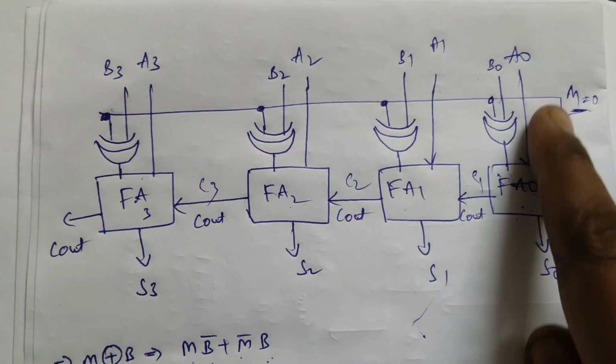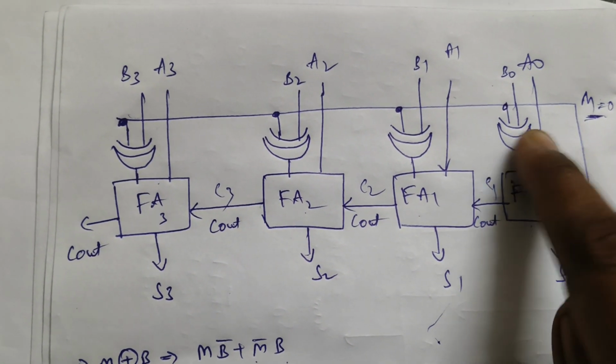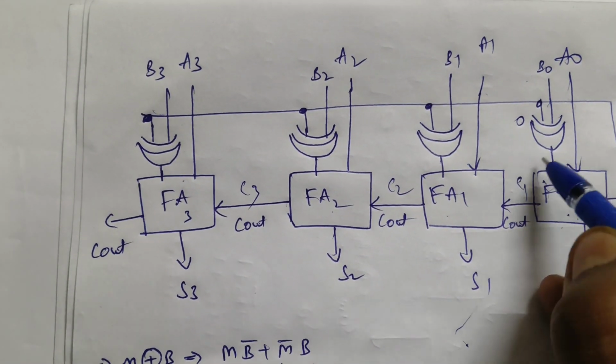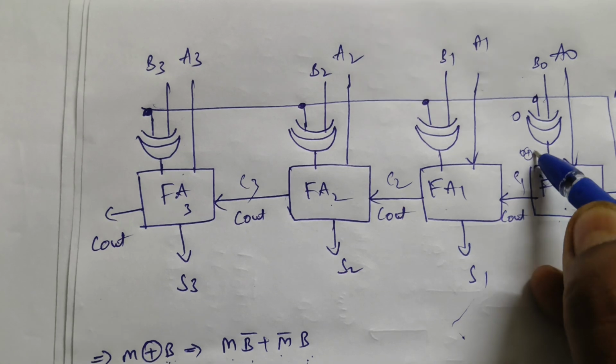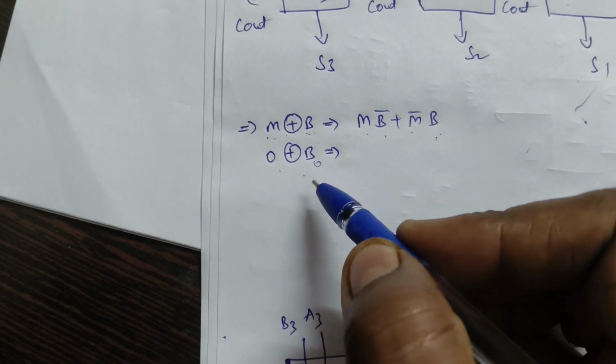Here the A naught bit is directly connected to the full adder, and the B naught bit is connected to the XOR gate. Here the mode bit is 0. So what is the output of this XOR gate? 0 XOR with the B bit information, so 0 XOR with B naught means B naught bit information.